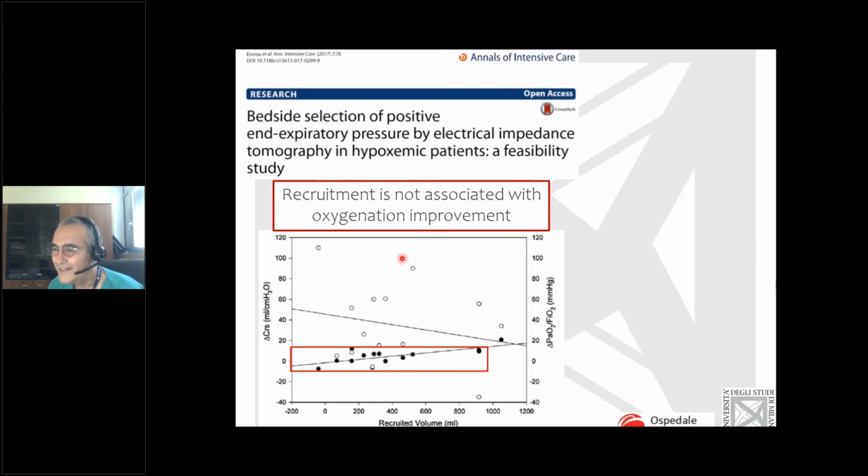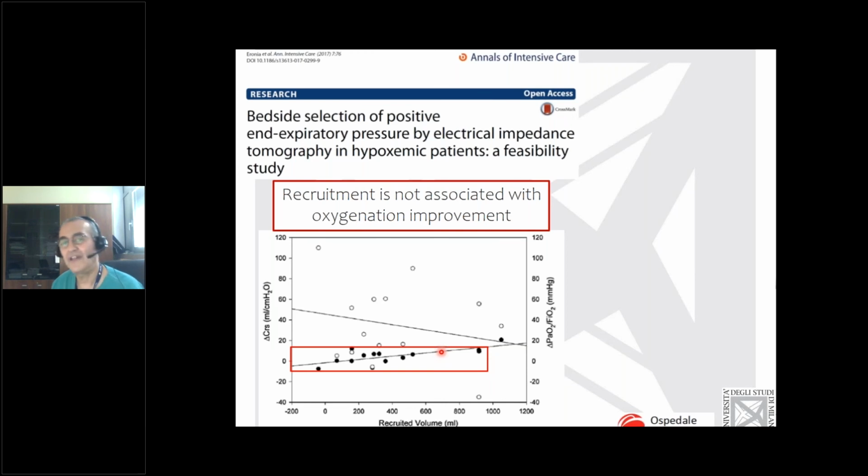That there is not much correlation between oxygenation and recruitment. Instead, there is a much better correlation of recruitment with changes in compliance. But we must be very, very careful in measuring compliance, because small changes of compliance do mean a lot.